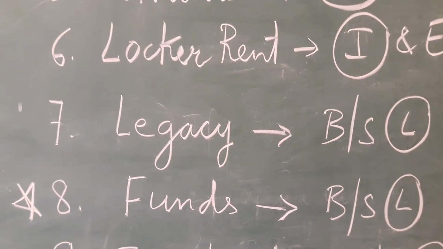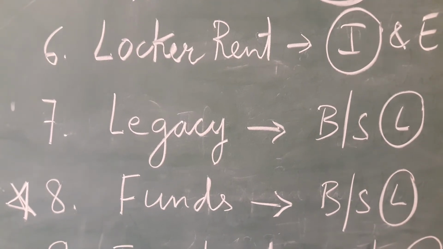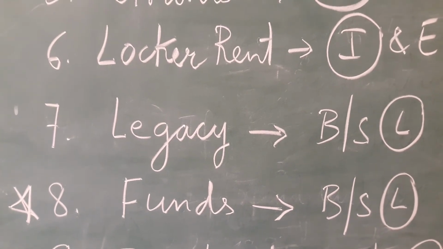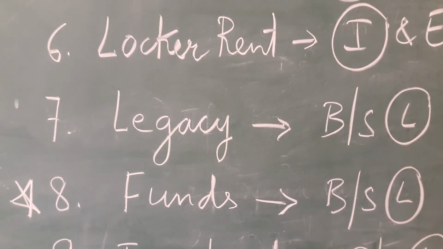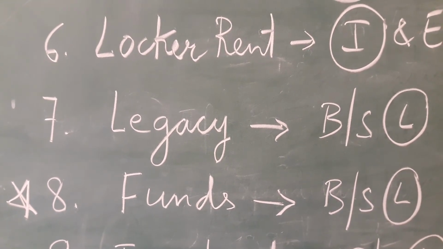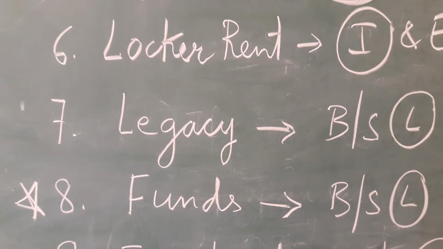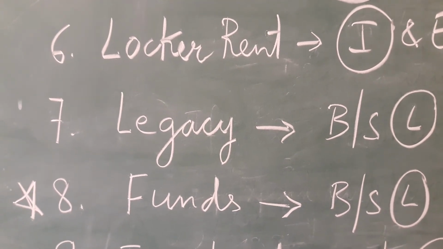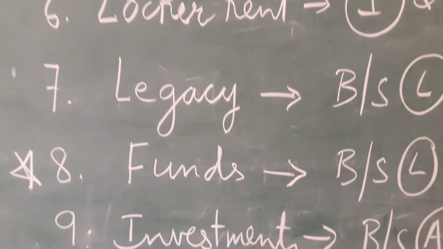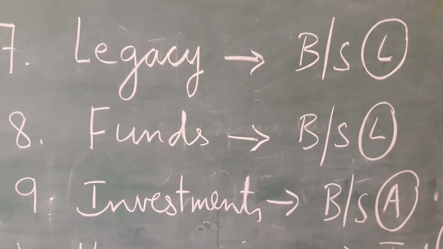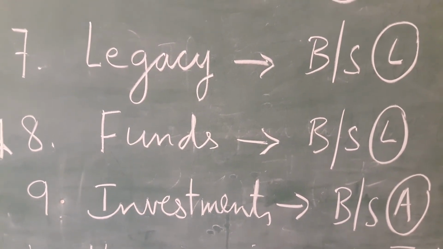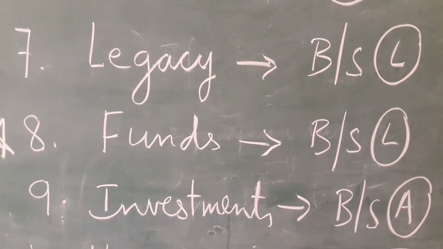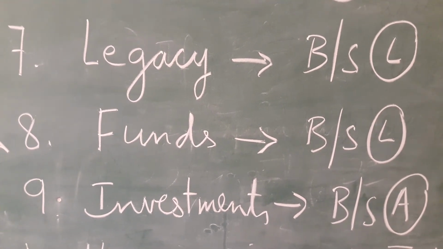It will be shown in the balance sheet on the liability side, and there are many more adjustments to be made in funds, which I'll be dealing with later on. So remember, fund goes in the balance sheet. Next, investments. This is not new to you. Investments are assets, you already know, and they'll be shown in the balance sheet on the asset side.